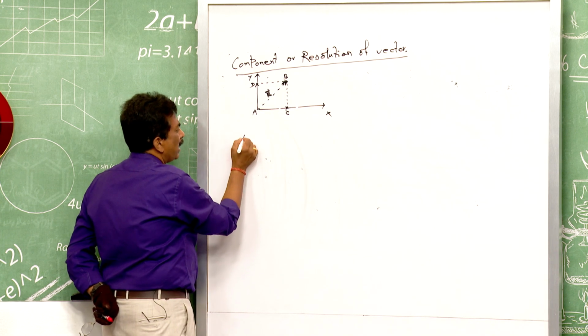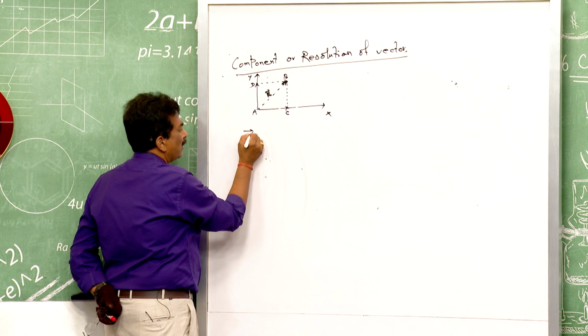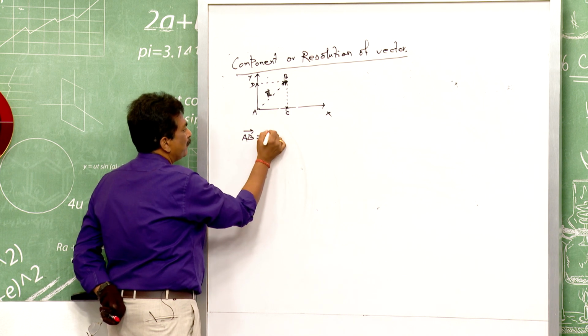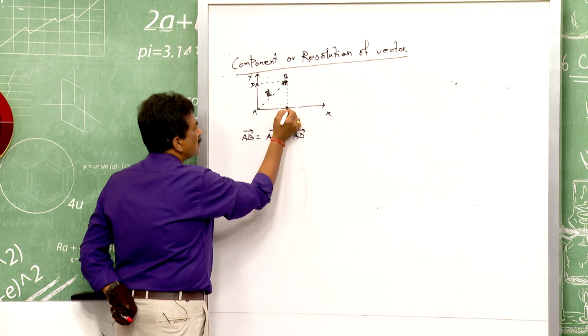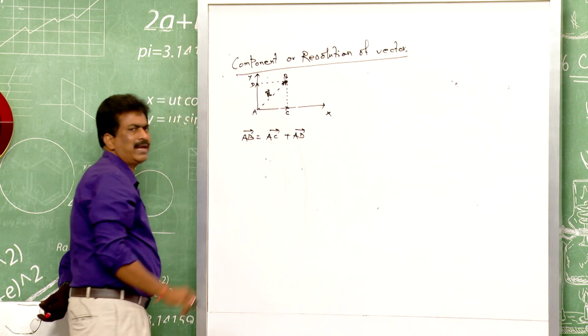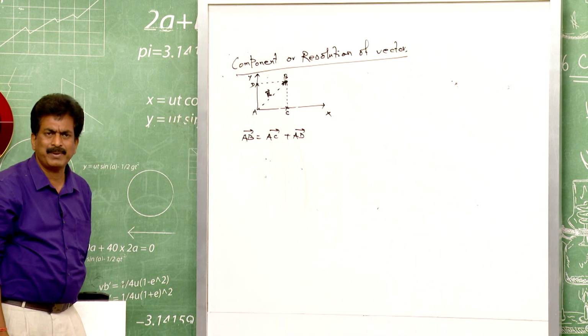This AB vector is divided into two parts, one is the SC vector, one is the AD vector. So what was its definition?